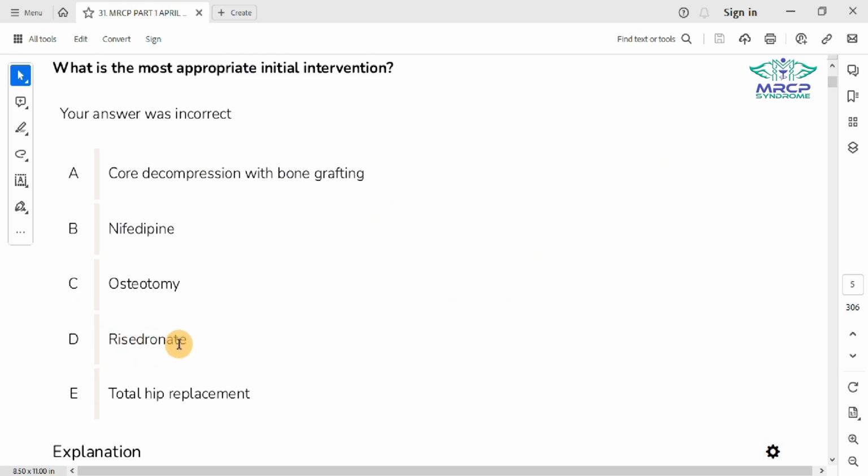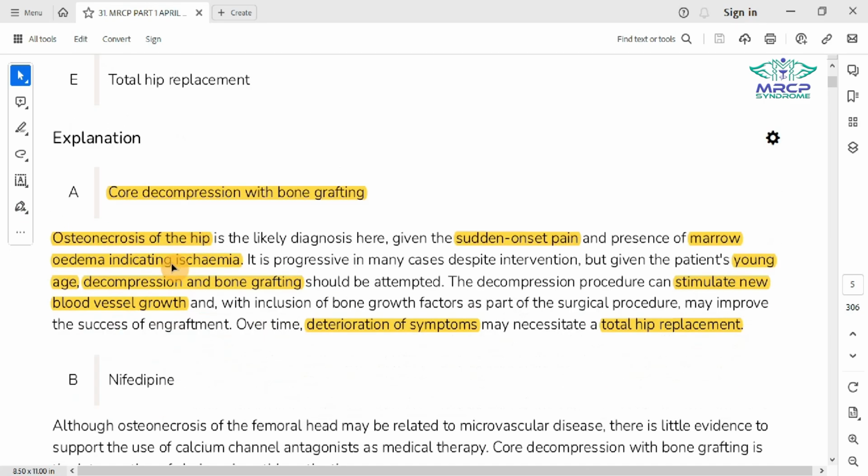And regarding the risedronate, this is a bisphosphonate. This is used to treat osteoporosis as well as Paget's disease. This is not indicated in case of osteonecrosis or avascular necrosis. Osteonecrosis of the hip is the likely diagnosis here, given the sudden onset pain and the presence of marrow edema indicating ischemia.